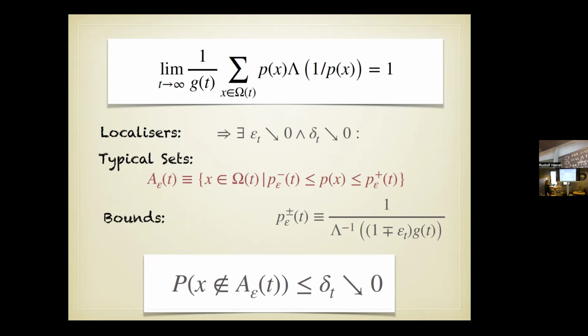Now we can define an upper limit and a lower limit for the probabilities that we accept, and define this set A of epsilon t, which would be all paths in the sample space where we can squeeze the probability p of x between those two limits, and this limit is basically this.